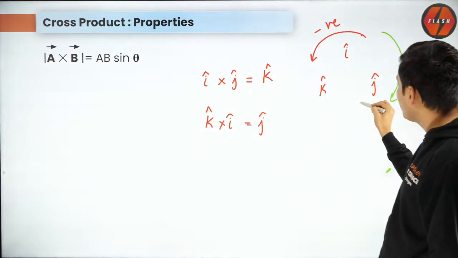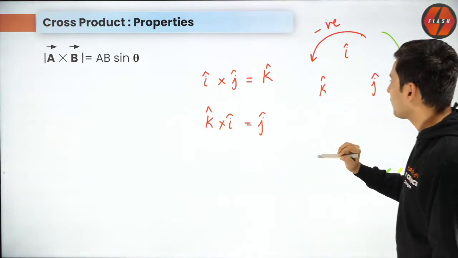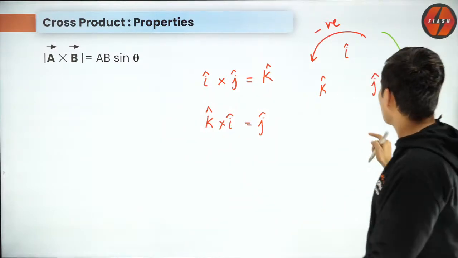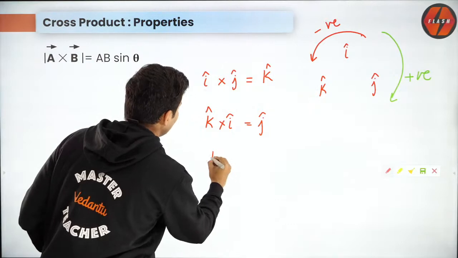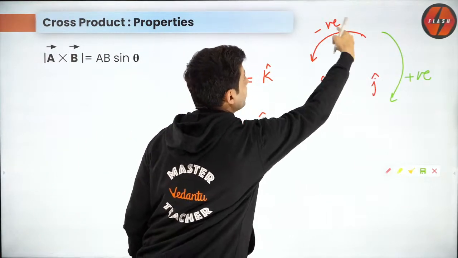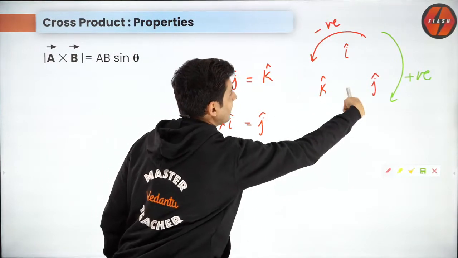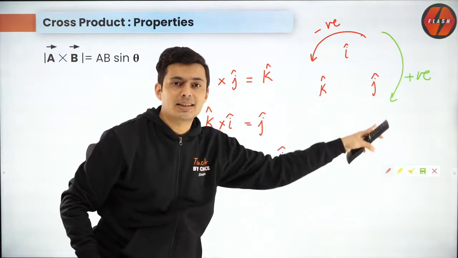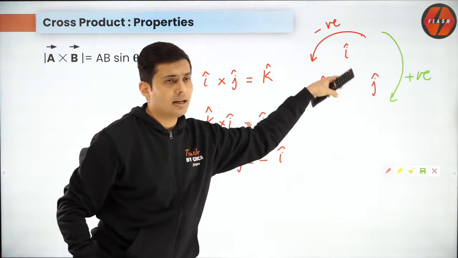I cross J is K. Oh yes. K cross I is J. That's it, done. If somebody asks me K cross J, I'm going anti-clockwise. So first negative, K cross J will be I, the remaining part. So it's very simple using this simple cycle that you have over here.